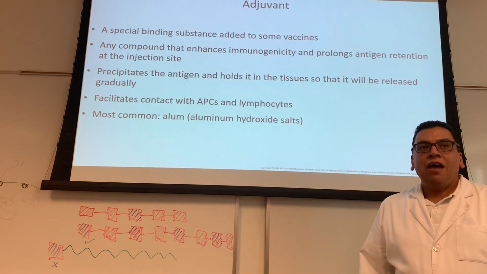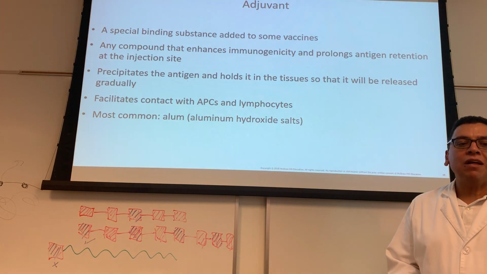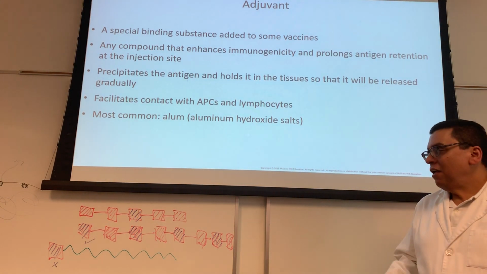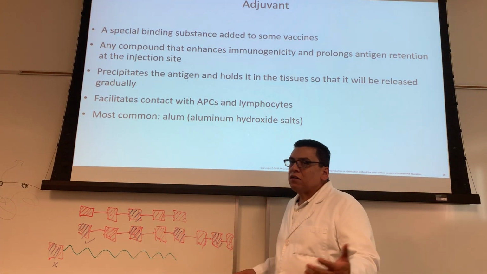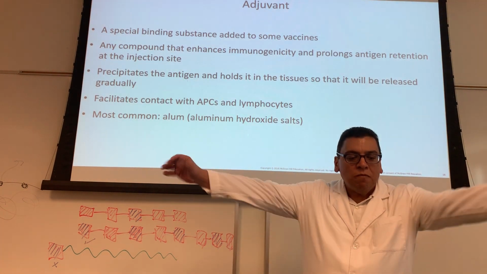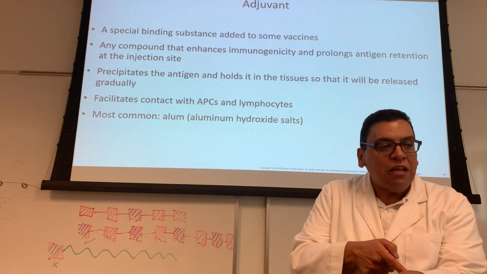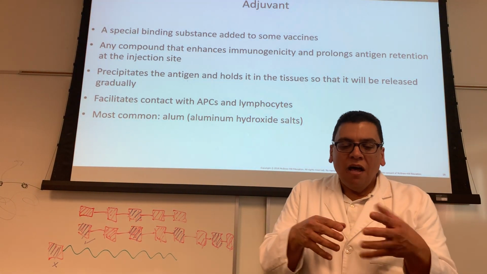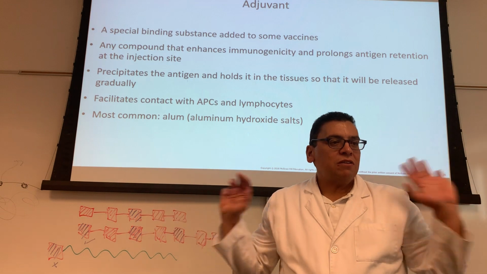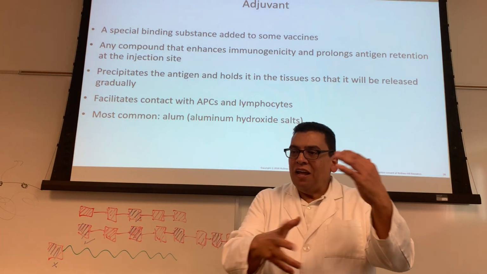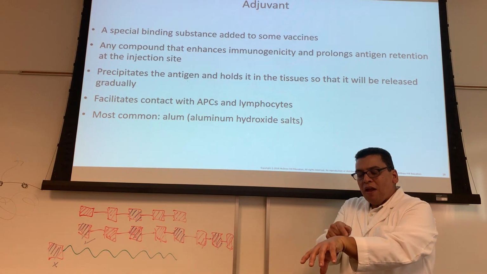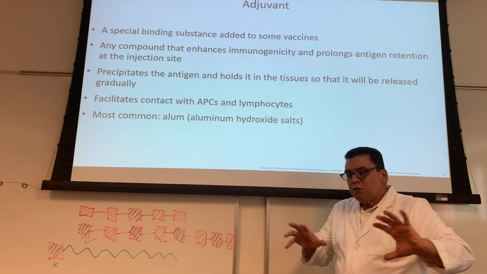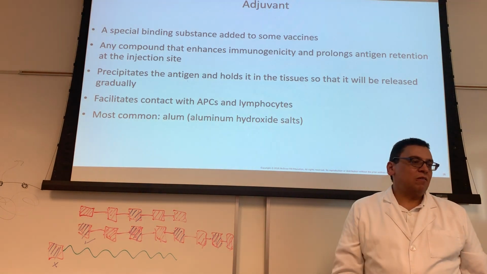Adjuvant. Adjuvant is a chemical that is mixed with the vaccine to help in stimulating the immune response. Watch. If I take the vaccine and inject it in you, just the vaccine, obviously it's going to disperse because of your circulation and the blood moving. I inject it in you, it right away leaves that site and disperses, so it dilutes out.